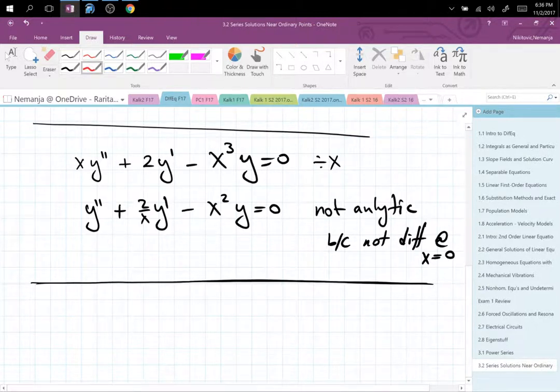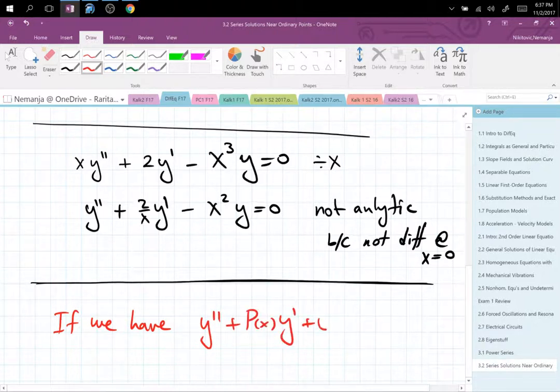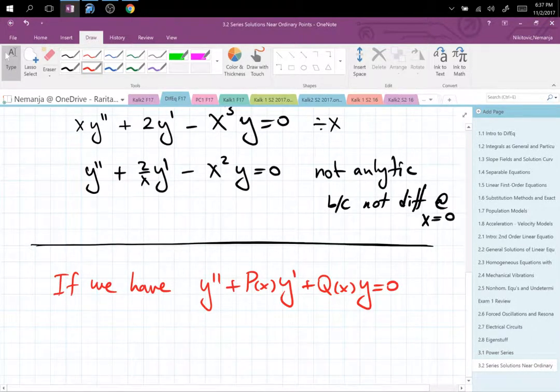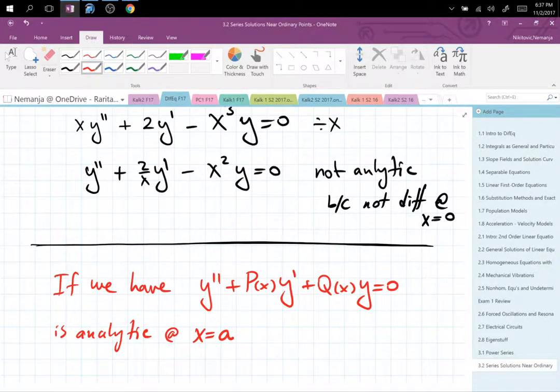So if we have y double prime plus p of x y prime plus q of x y equal to 0 is analytic at x equals a, then the equation has two linearly independent solutions, each one of the form.